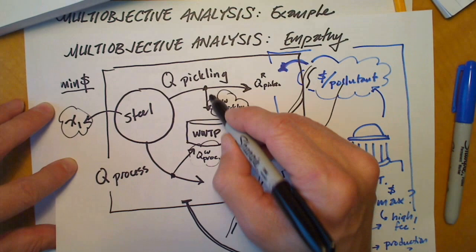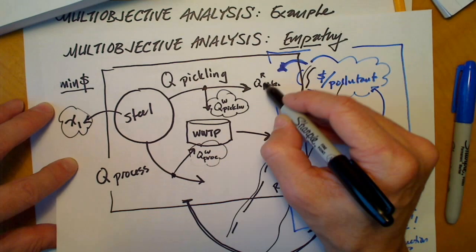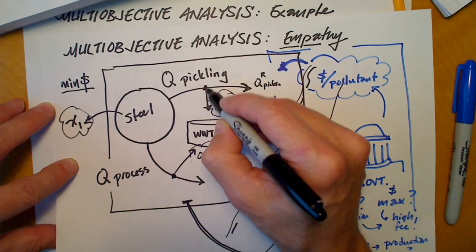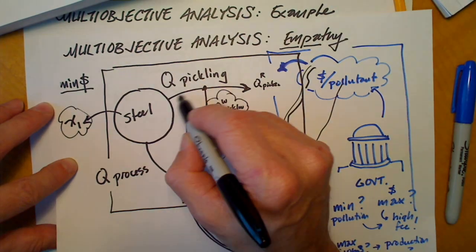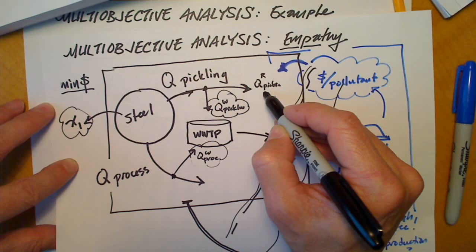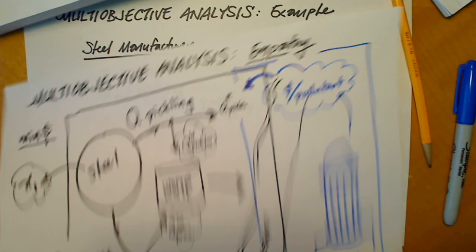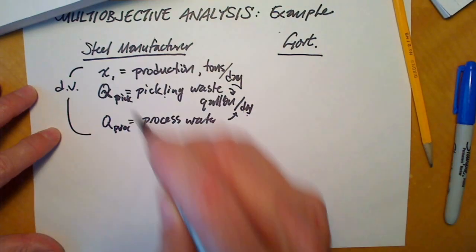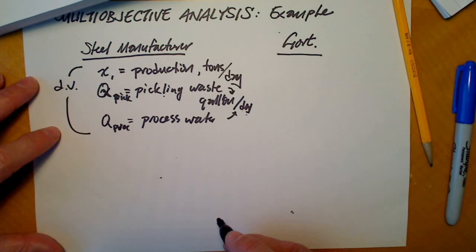Once we know how much is going to be sent to the treatment plant, the amount that goes to the river will be calculated by these equality balance constraints. It's going to be whatever came out here minus what's treated, that's what goes to the river. So these are the design variables for the steel manufacturer.